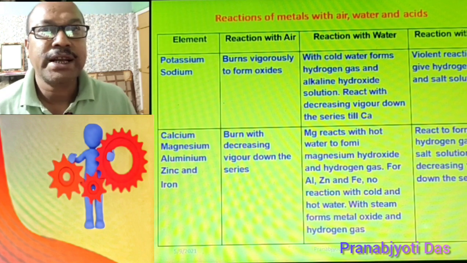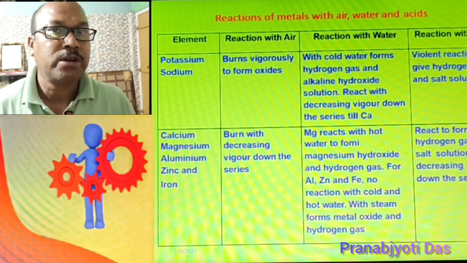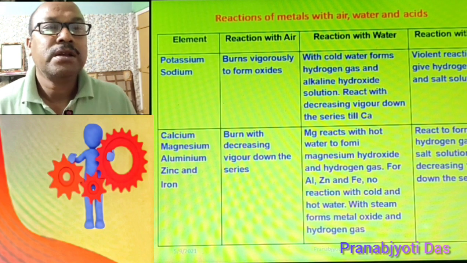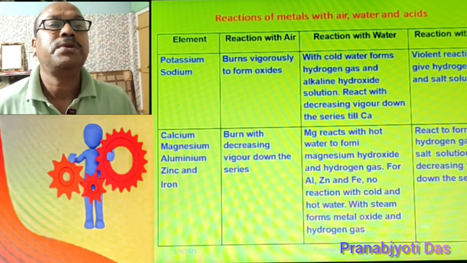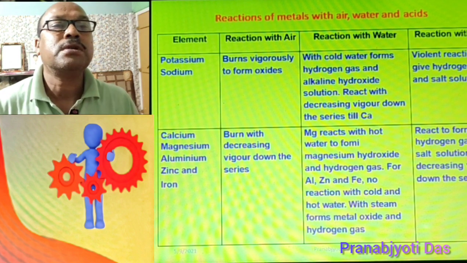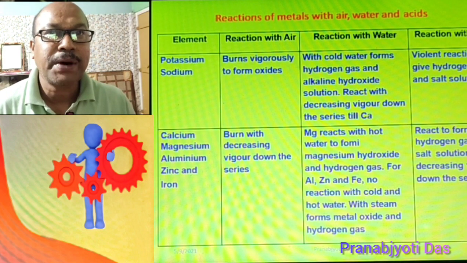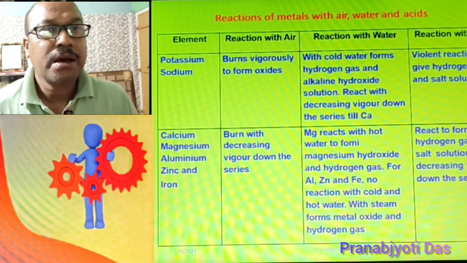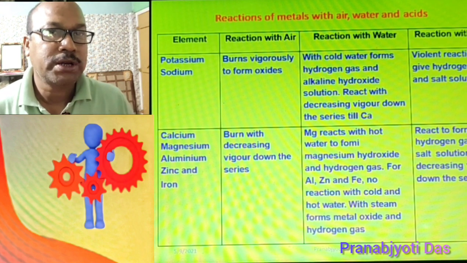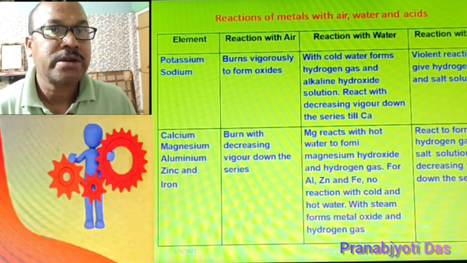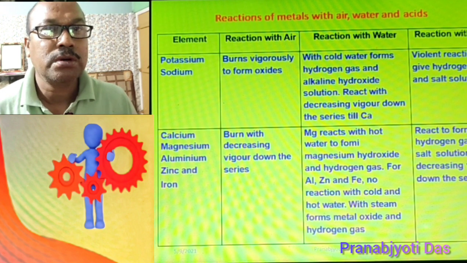Then we came to the next category: calcium, magnesium, aluminium, zinc and iron. These metals burn with decreasing vigor down the series, meaning they are also reactive but a bit less than potassium and sodium. Magnesium reacts with hot water to form magnesium hydroxide and hydrogen gas, and the same goes for aluminium, zinc and iron.